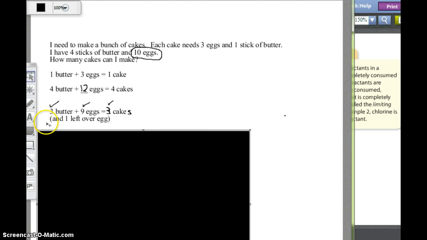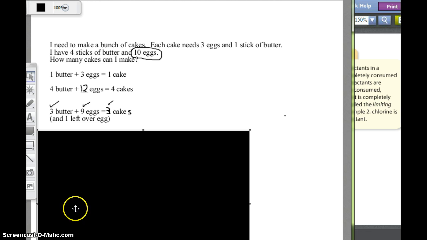So again, this is like our law of multiple proportions. I have to use whole numbers, and my proportion is for every 1 butter, I have 3 eggs to make 1 cake. So it's 1 to 3 to 1, so 3 to 9 to 3. So if I reduce, I get back my original proportion of 1 to 3 to 1.